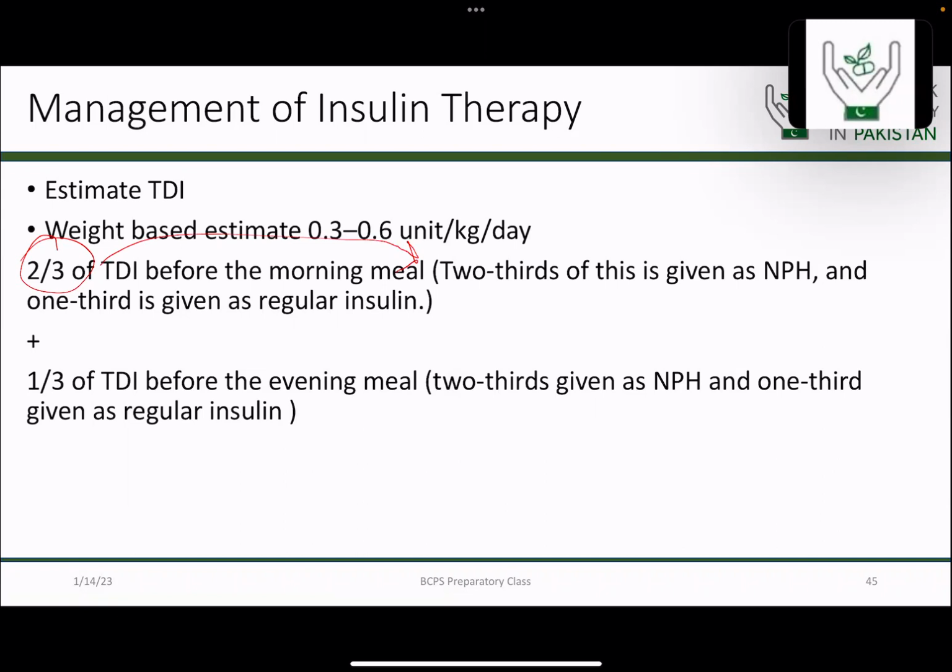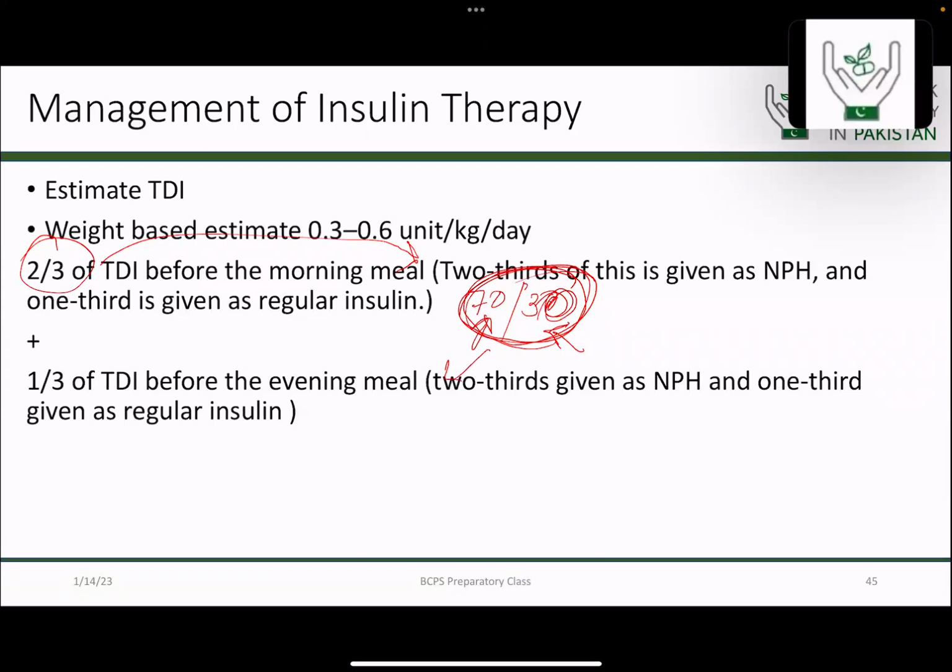That's why, if you see in the market, 70/30 insulins are available. 70/30 is approximately 2/3 NPH and 1/3 regular insulin. So this formulation is already available in the market. You just have to take 2/3 of this in the morning and 1/3 of this in the evening.